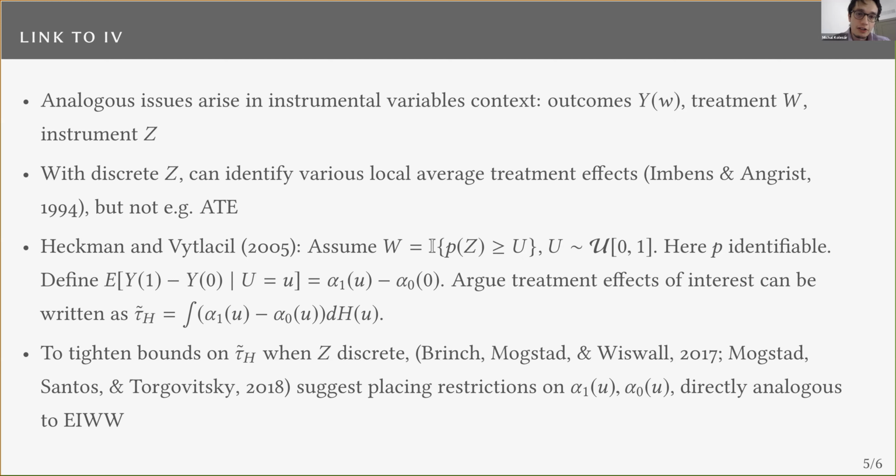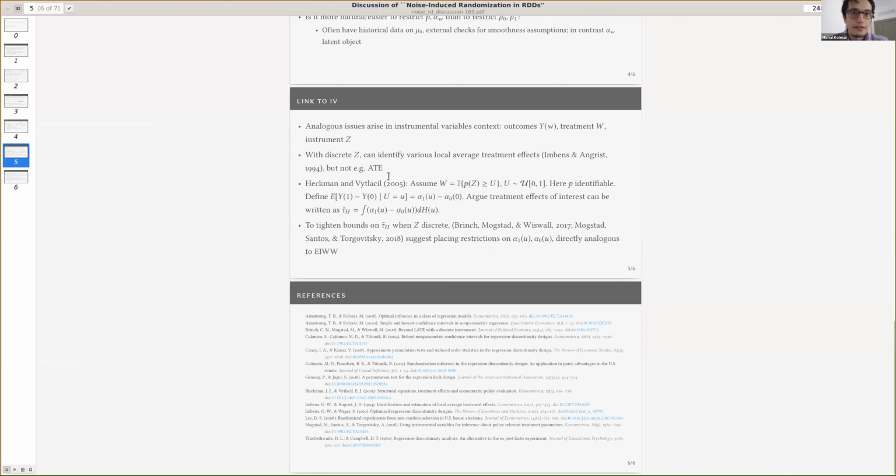And people have also proposed placing restrictions directly on the conditional mean of the potential outcomes given U as a way of trying to tighten inference on things like the average treatment effect in the case of instrumental variables regression. So that's all I had to say.